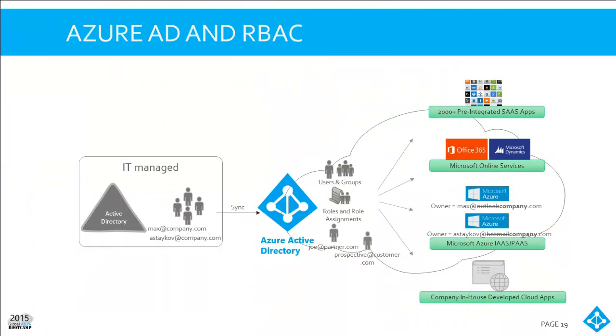Now, how does this work? If you remember the previous picture, the cloud was somehow disconnected from our business, from our local Active Directory, and everyone in the cloud was doing everything they wanted, but they had to manage the account separately, and it was extremely hard for our business to follow what is going on, who has access to what, and so on.